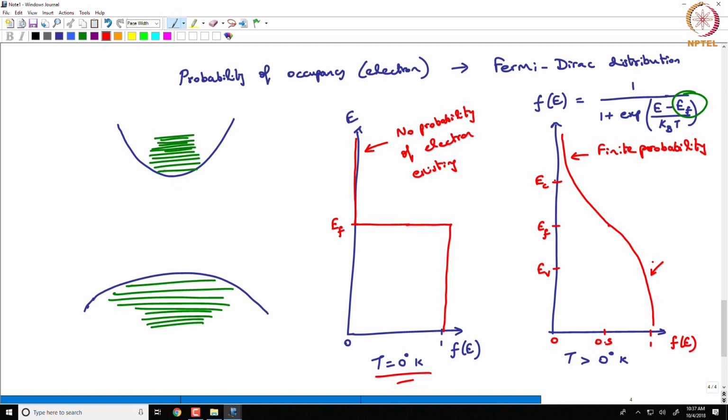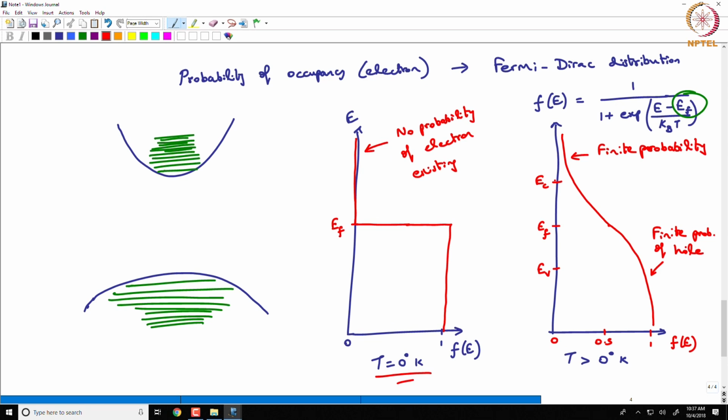And if there is actually an absence of an electron in semiconductor physics, we call that a hole. So, this corresponds to the fact that you have a finite probability of holes in the valence band. Okay.